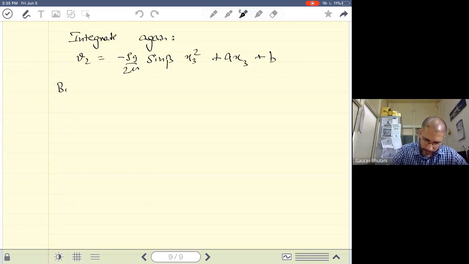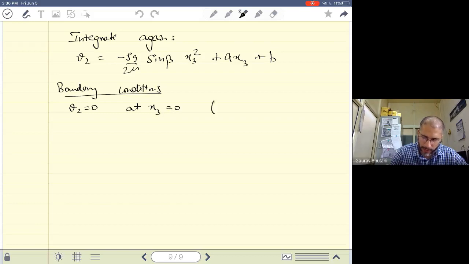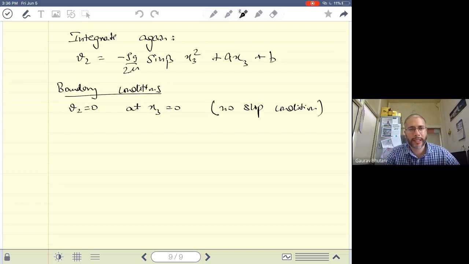So, boundary conditions. So v2 is equal to 0 at x3 equal to 0. That's called a no slip condition. So the flow which is touching the inclined surface on which it is flowing is 0.